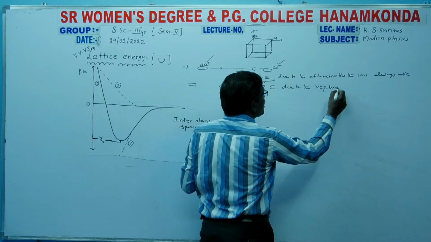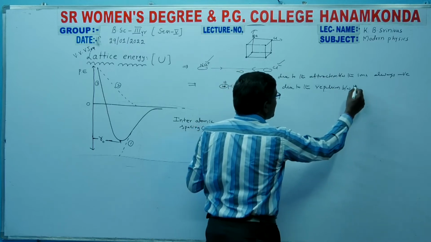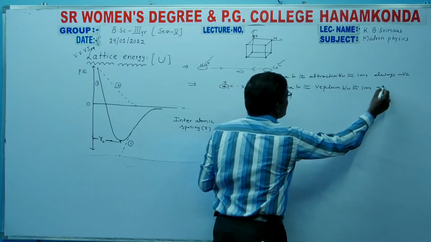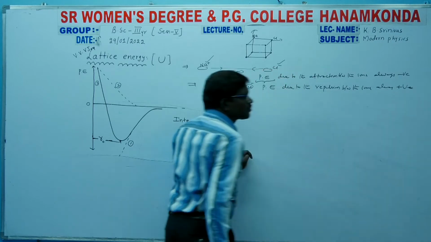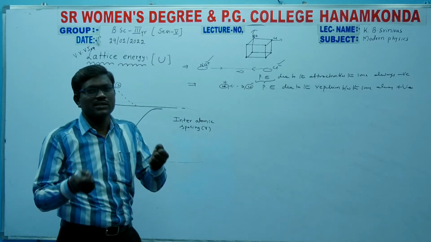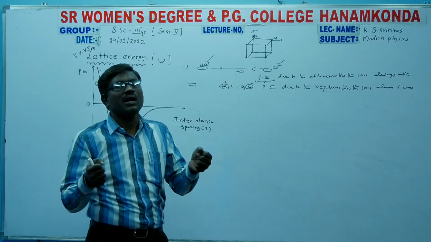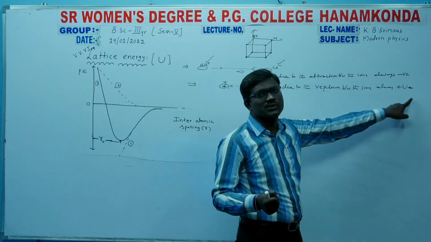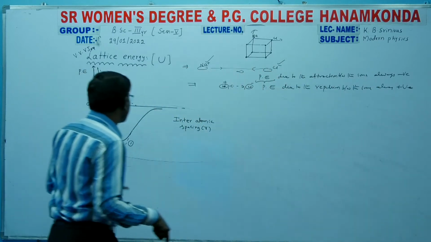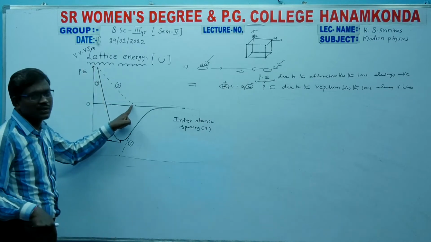Due to the repulsion force between the ions, it is always positive. The potential energy arising due to the repulsion of the ions, we always represent by a positive sign, and that I have represented in the graph by the second curve.